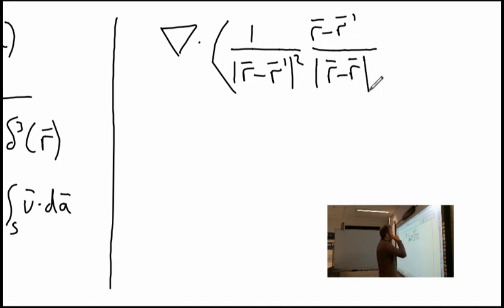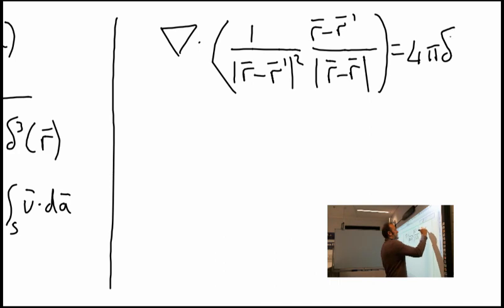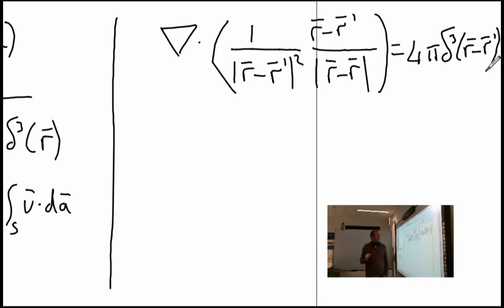Okay, that's our separation vector, and this, our separation unit vector, is equal to 4 pi, and here we have our delta function in 3 dimensions, r minus r prime. Now, one thing to note from this is that the source vector, so the r prime, is kept constant, and we are taking the derivative about the field vector, which is given by r.